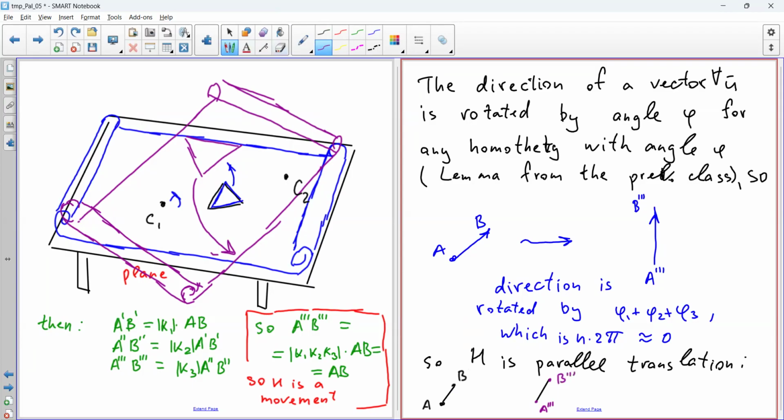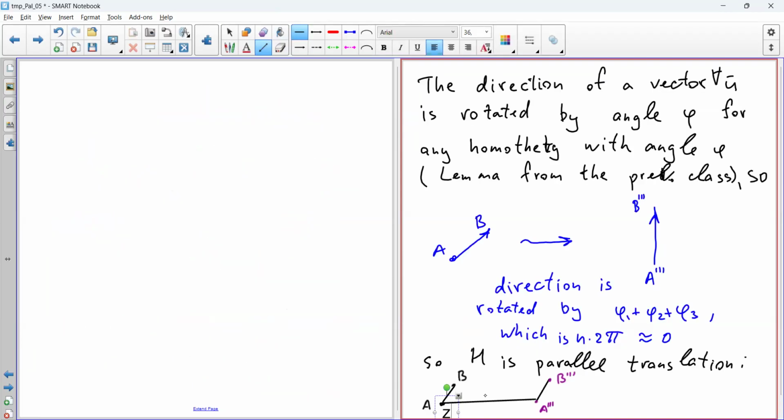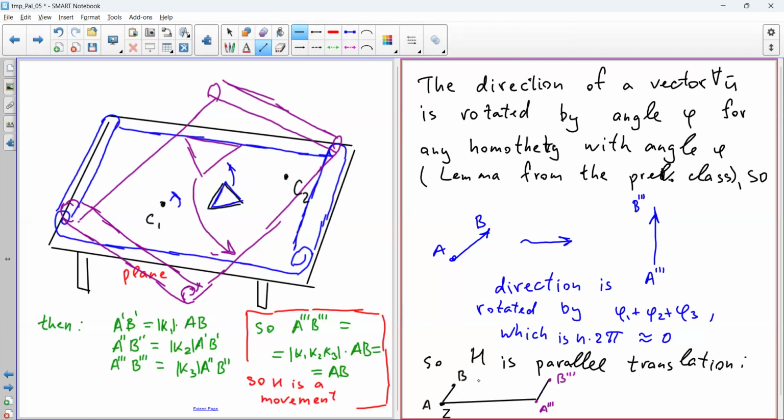We may assume that A triple prime is exactly the vector u, which we try to figure out. We want to show that it would be the same vector as B to B triple prime.